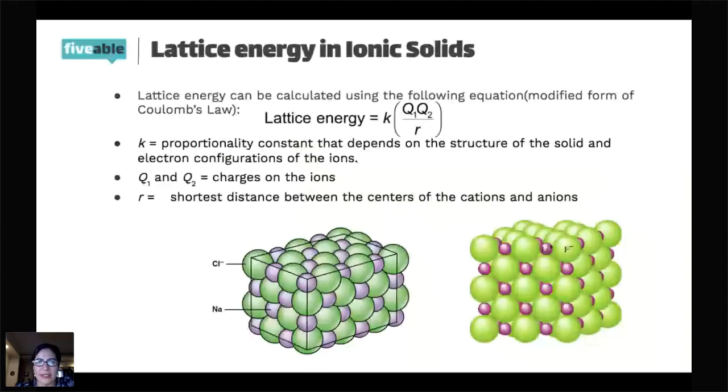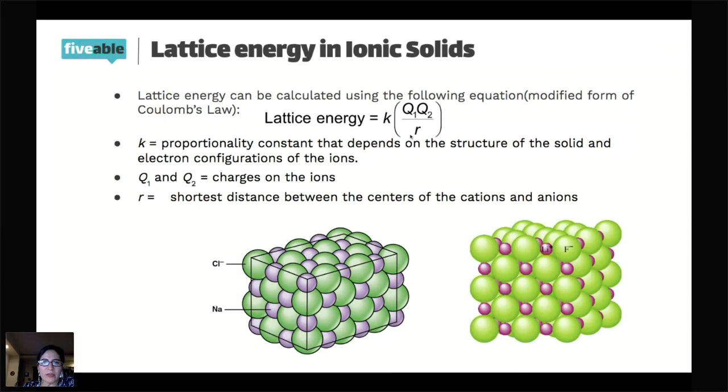Correct. Excellent. So the lattice energy is a calculation of how strong the force is that keeps them together. It can be calculated using the following equation, a modification of Coulomb's law. The lattice energy is a proportionality constant that depends on the structure of the solid and the configuration of the ions, times the charges of the ions making this lattice, divided by the radius.